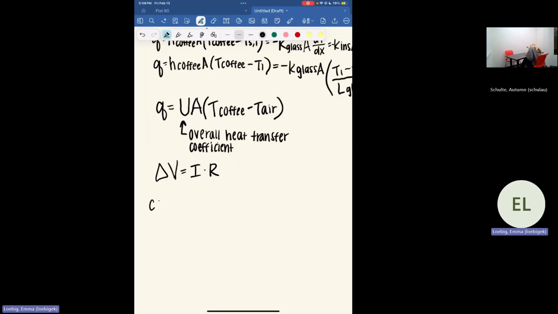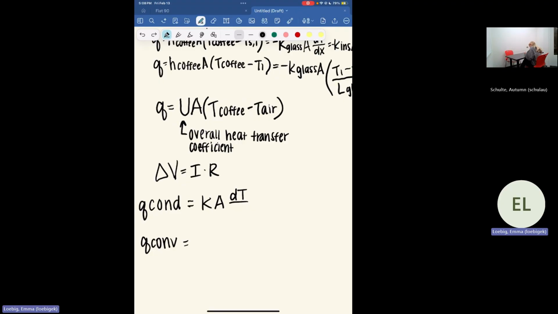So we know we have two different equations: there's a Q conduction equation and there's a Q convection equation. The Q conduction equation is the thermal conductivity multiplied by the area multiplied by the change in temperature with respect to position.